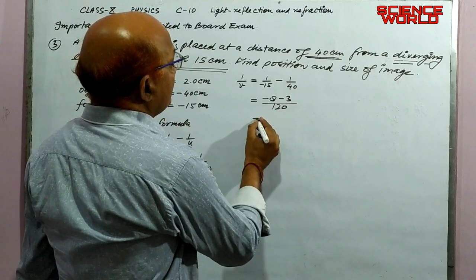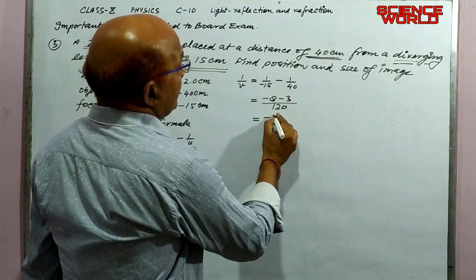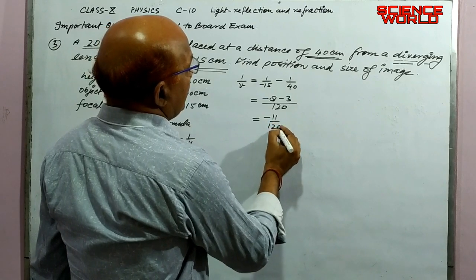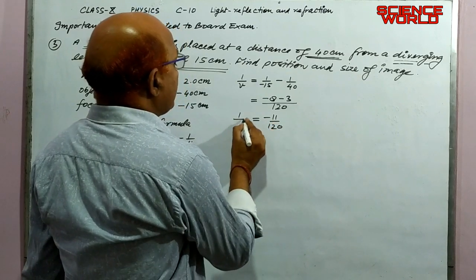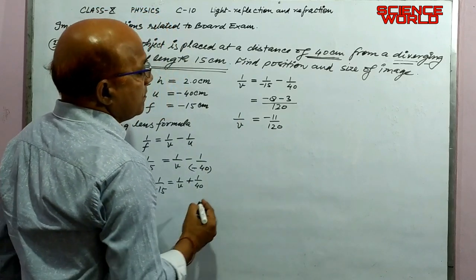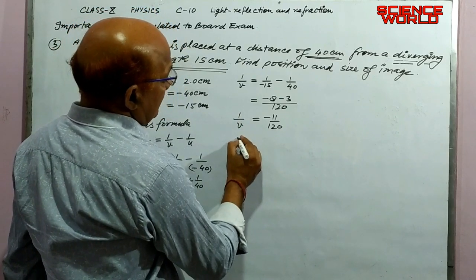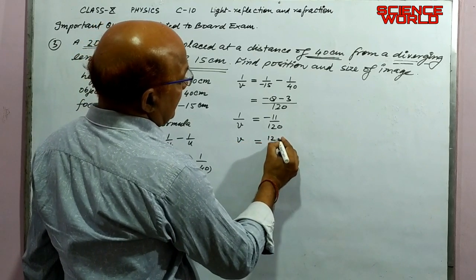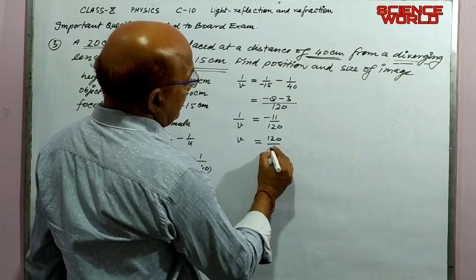So, this is minus 11 upon 120. This is 1 upon v. Therefore, v is equal to 120 upon minus 11.